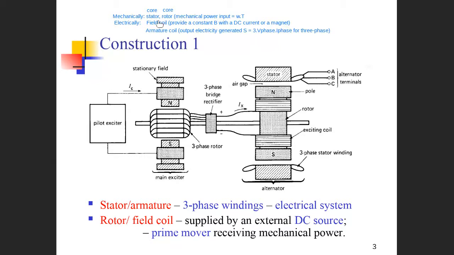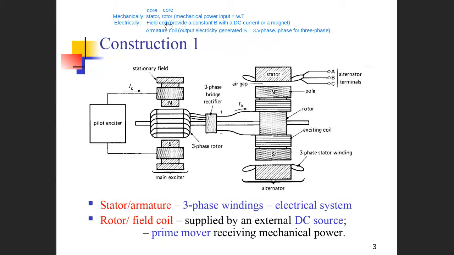The function of the field coil is to produce a constant magnetic field. You can use whatever method you like, a magnet or a DC current, to make the field constant.